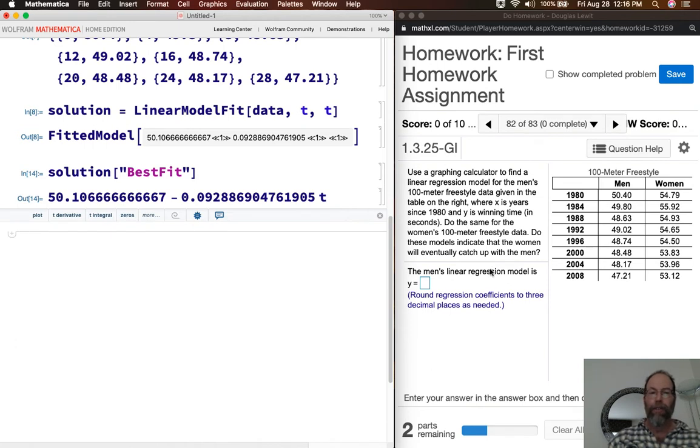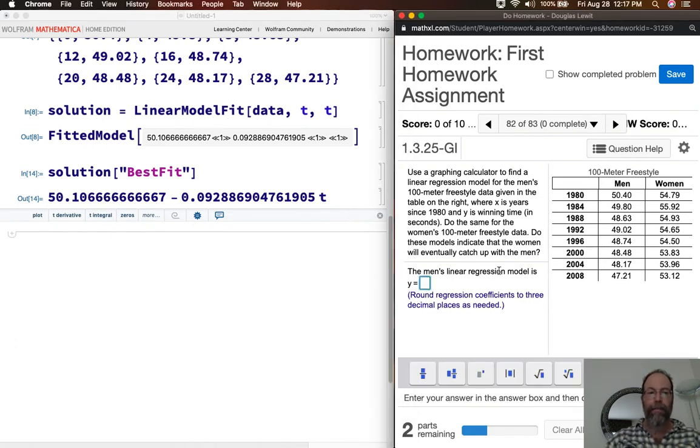Okay, so here the men's linear regression model is 50.107 minus 0.093, and I'm going to have to use X because I think that's really what they want.